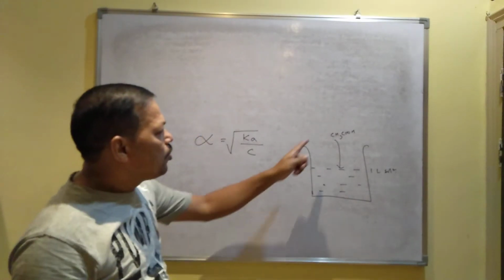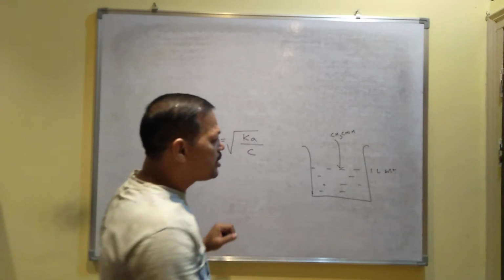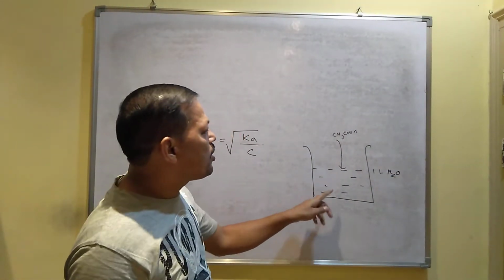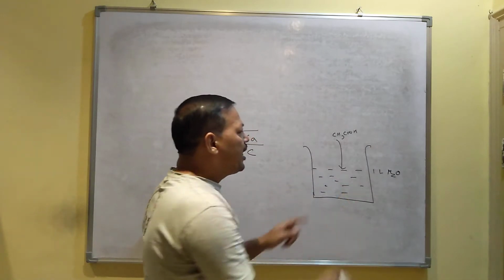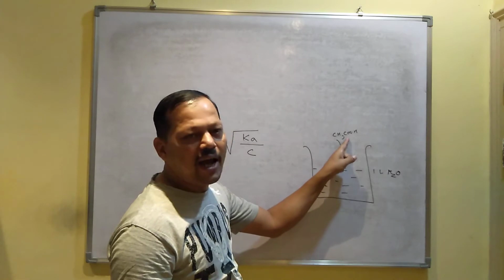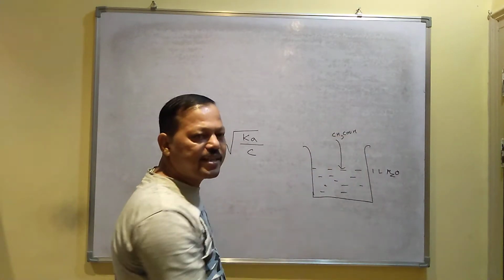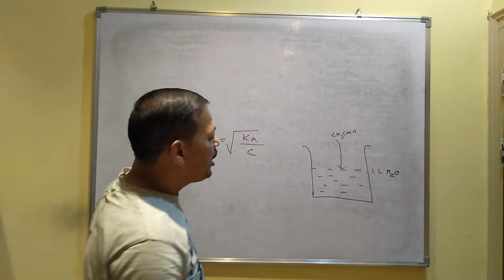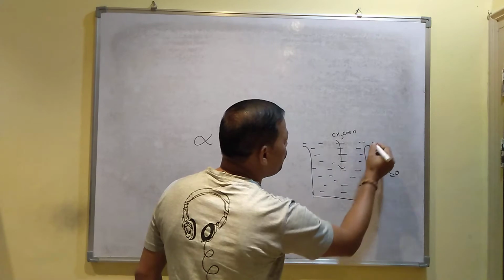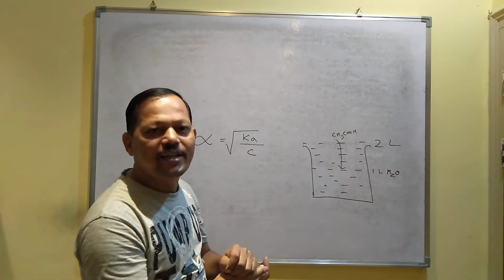First, when you dissolve acetic acid in this 1 liter of water, a little amount of acetic acid undergoes dissociation because it acts as a weak electrolyte. Now, after adding acetic acid, suppose by adding more water you make the volume 2 liter, I mean you make the volume double.